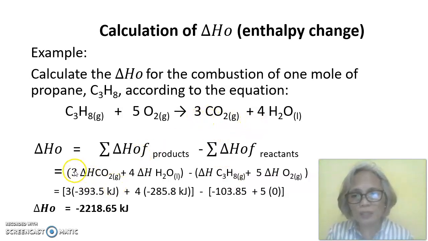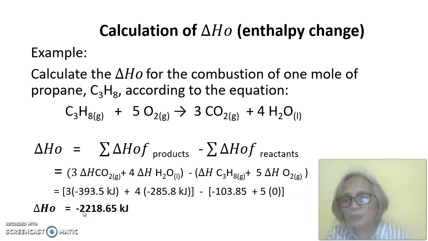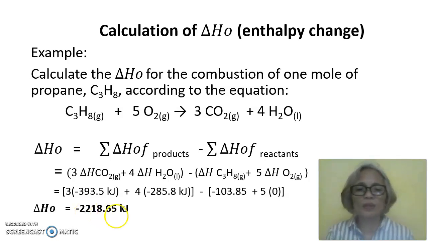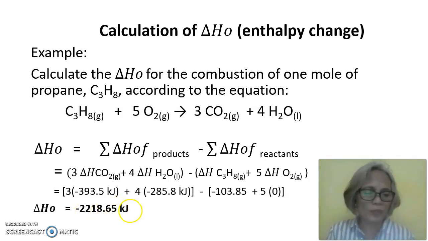So we have 3 delta H of carbon dioxide plus 4 delta H of water minus delta H of propane. Oxygen is 0 since it's an element. Then you just do simple algebra. You will have an enthalpy change for the reaction of negative 2218.65 kilojoules. It's very, very simple. You just have to be very careful in affixing the values from the tables.